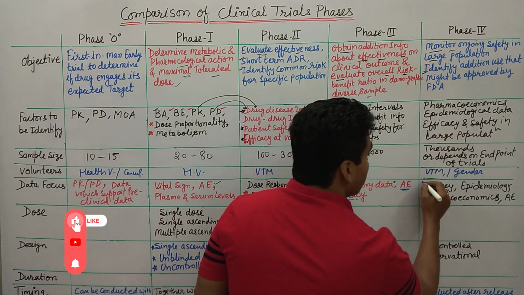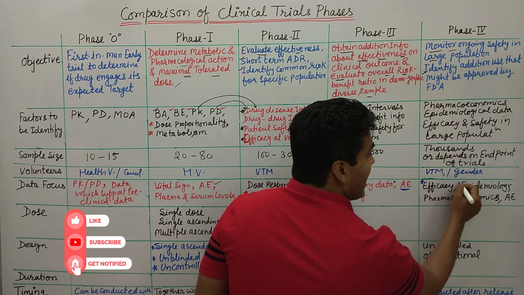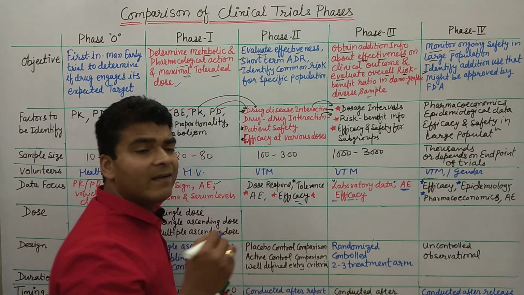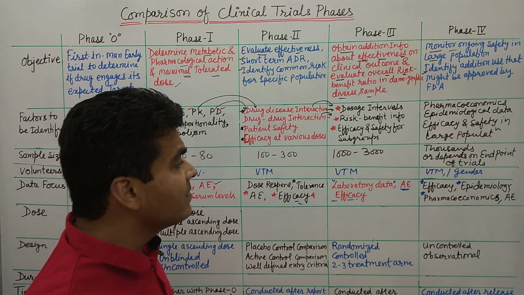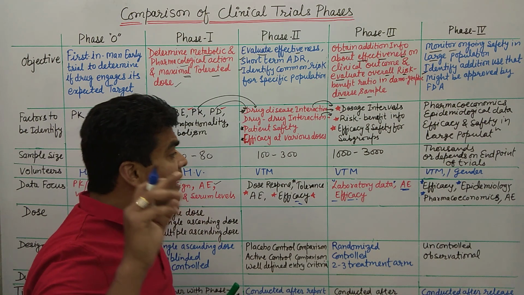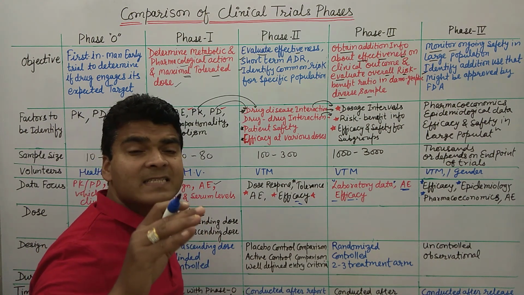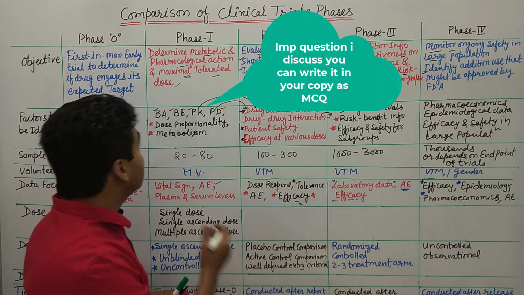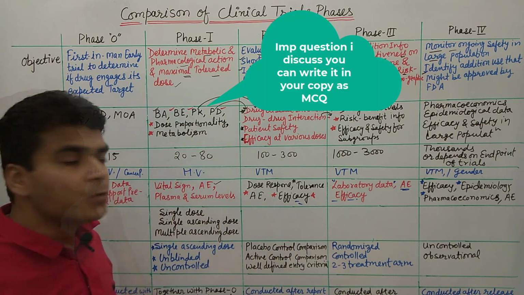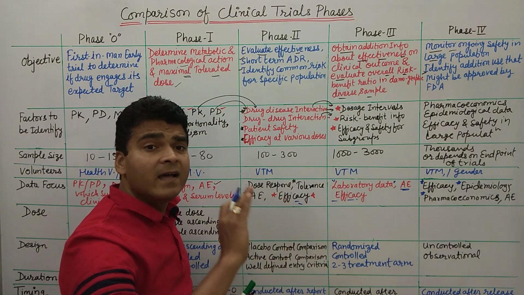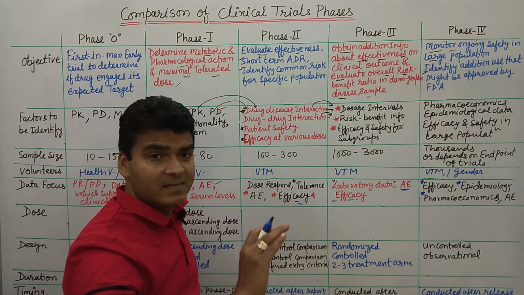In phase 4 we are also looking at efficacy, epidemiological data and pharmacoeconomics data, as well as adverse events, clear everyone. Generally a question asked in the examination is in which type of trial adverse events and efficacy cannot be identified. Generally in phase 0 and phase 1 trials, okay, and phase 2 onwards we are able to identify exact data on efficacy, clear.